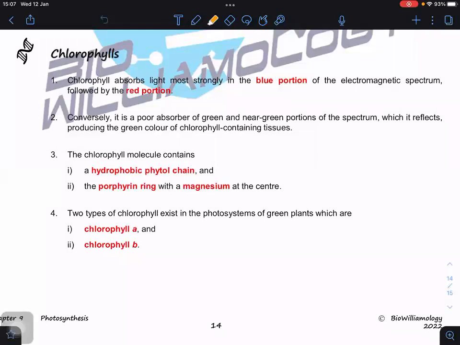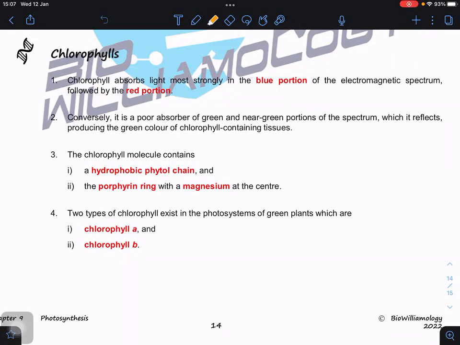So the chlorophyll molecule contains the hydrophobic phytol chain and also the porphyrin ring with the magnesium at the center. Magnesium is very important because the photoexcitation takes place at the magnesium. Magnesium will constantly give out the electron, and when it does, magnesium becomes positively charged.